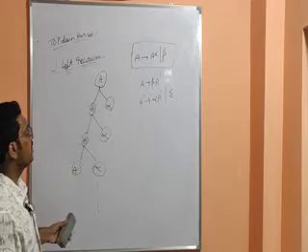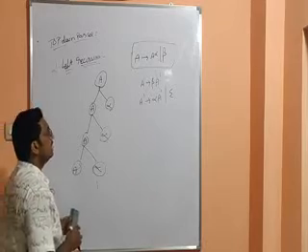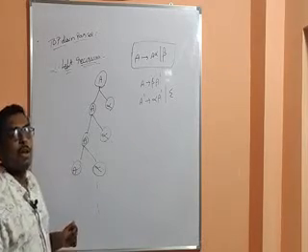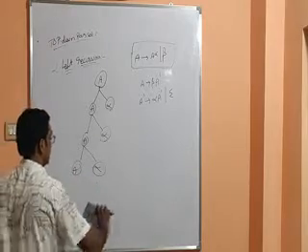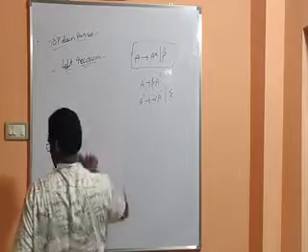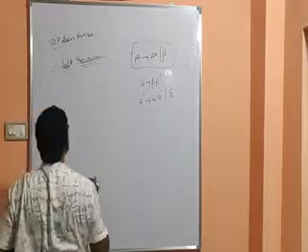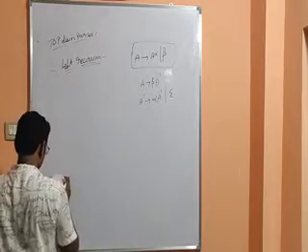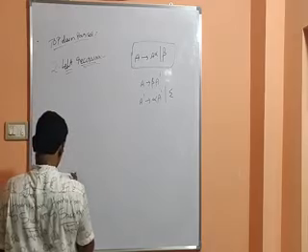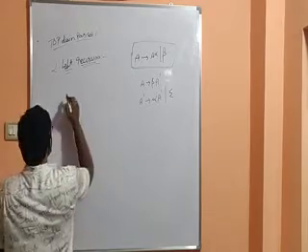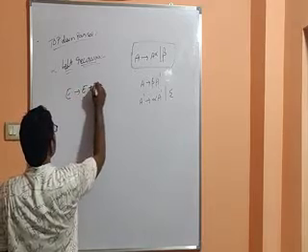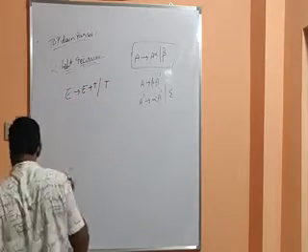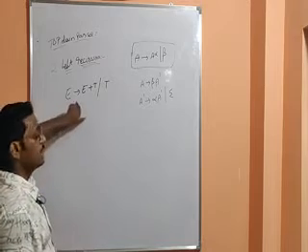Now let us take a small example of how the left recursion problem will be solved. I will note down the example. E tends to E plus T or T. This is the grammar I have taken.